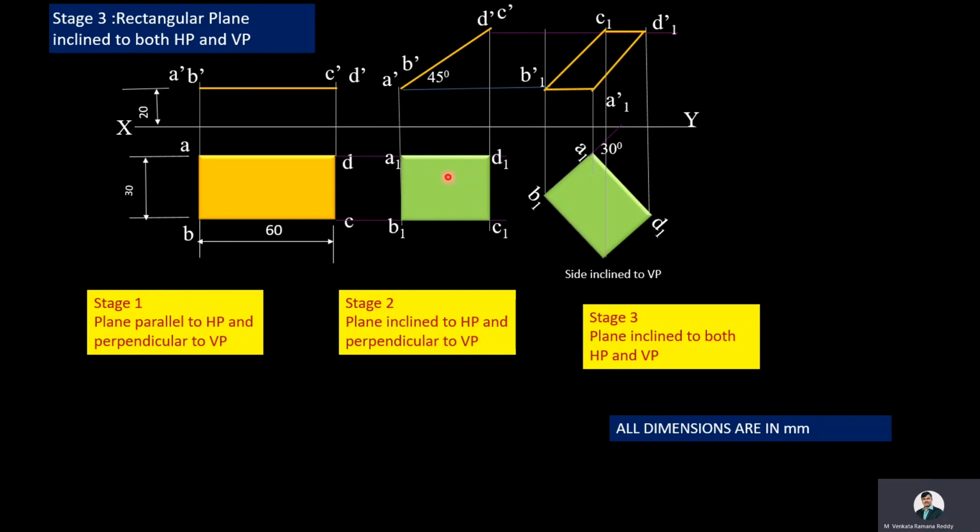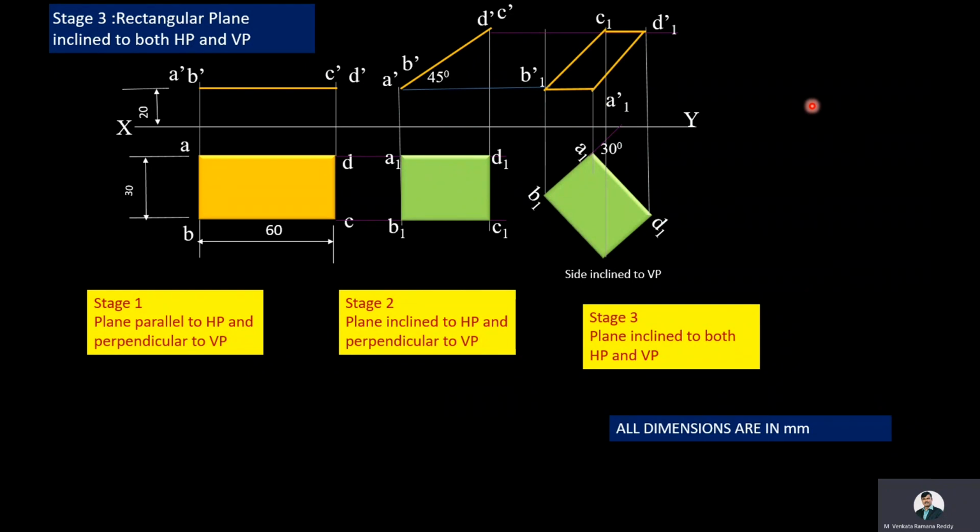In the third stage, we tilted the side of the plane, say the shorter side, at an angle of 30 degrees to the VP. Then this is the final front view, the required front view. This means that when the plane is making an angle of 45 degrees to the HP and its side is making an angle of 30 degrees to the VP, we got the final image of the plane in the front view in a shape like this.